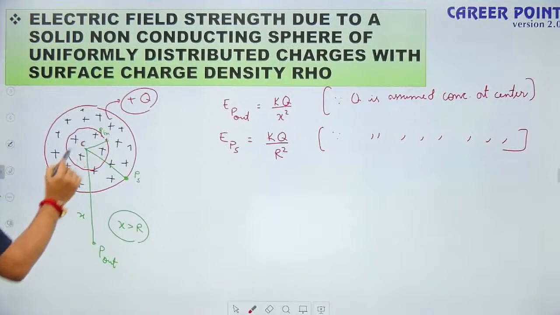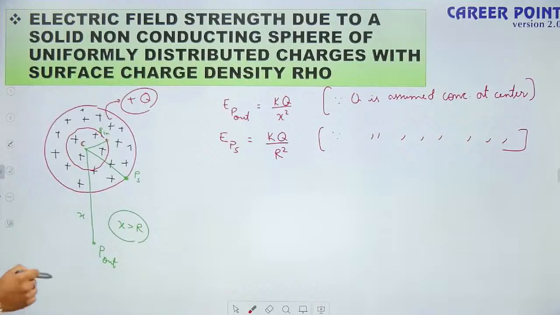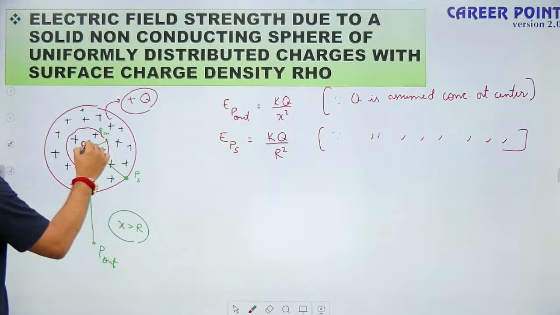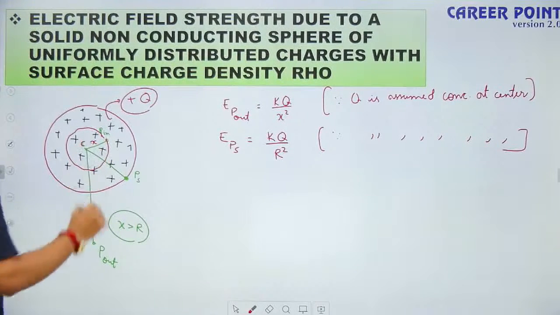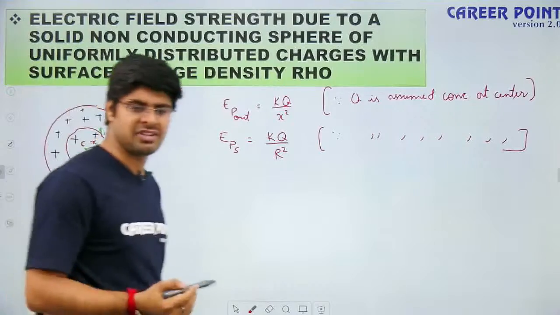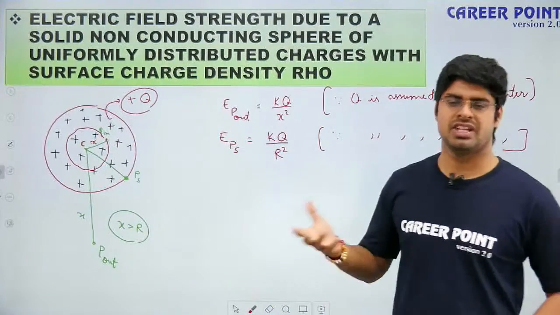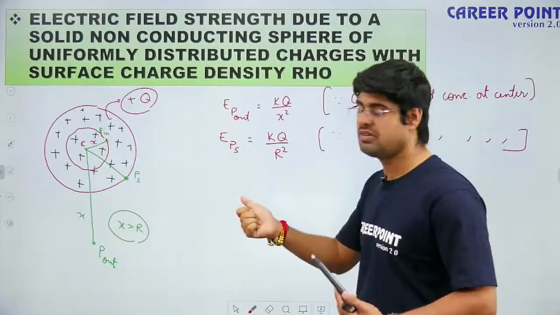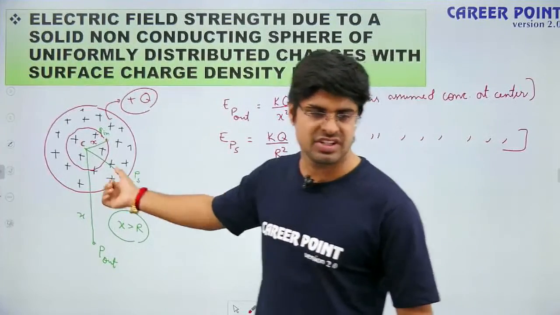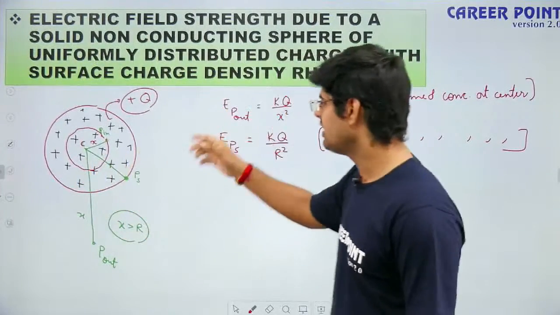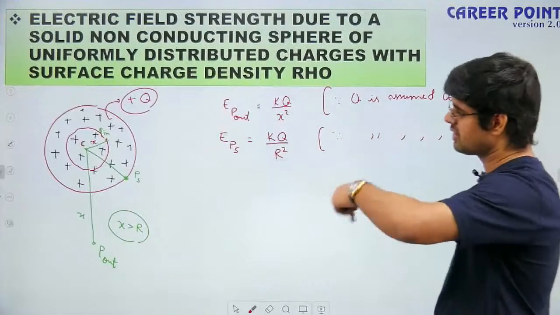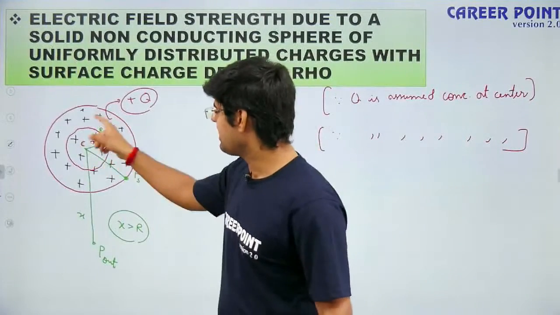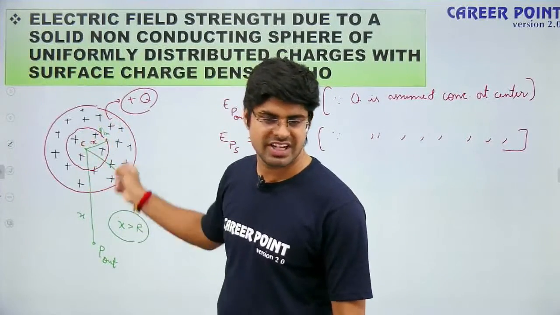Let's say the radius is x. Why am I taking x every time? Because x is just a variable. x can be less than R or greater than R, depending on which point we are considering. For now we are considering the inside point, so x is the radius of the sphere I have considered passing through the inside point.